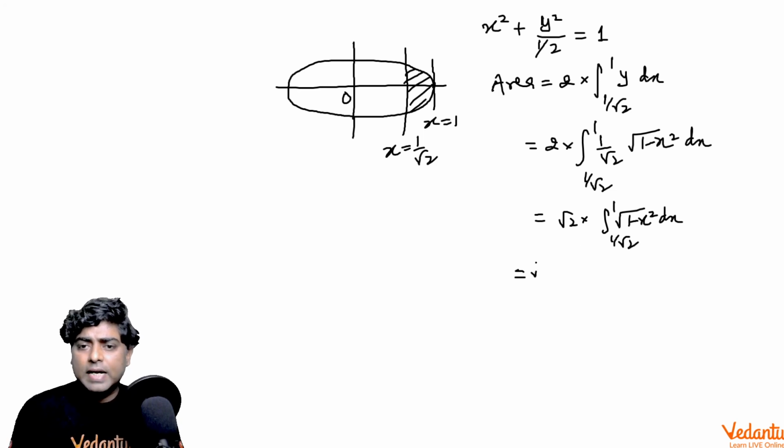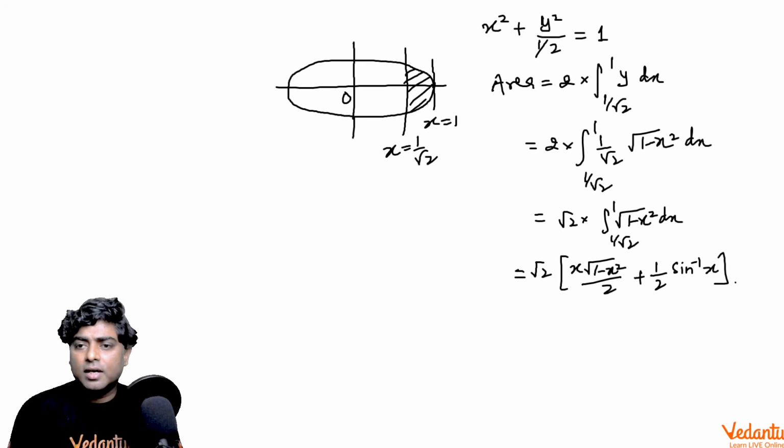We know the integration, which is very standard. It is x under root 1 minus x square by 2 plus a square by 2, that is 1 by 2 sine inverse of x, and when you apply the limits 1 by root 2 and 1, the area required is: when you put x equal to 1, the first part is 0 and the second part is sine inverse 1 is pi by 2, so 1 by 2 of that is pi by 4.